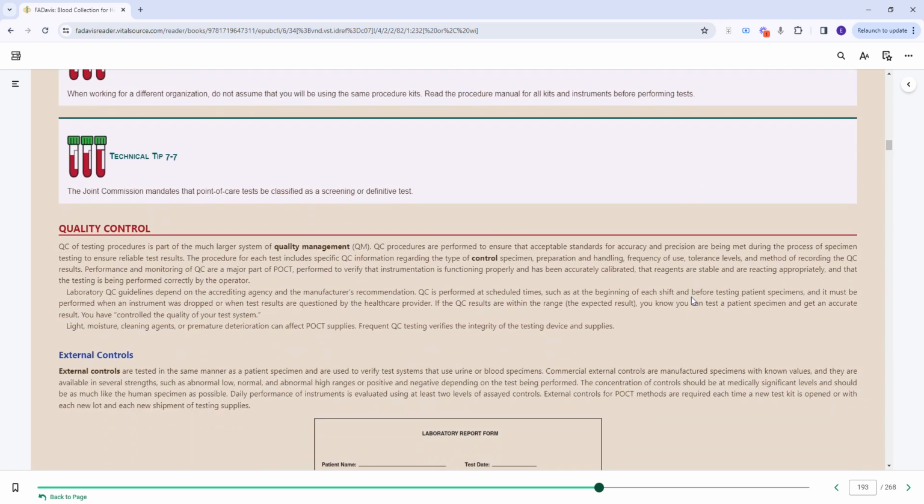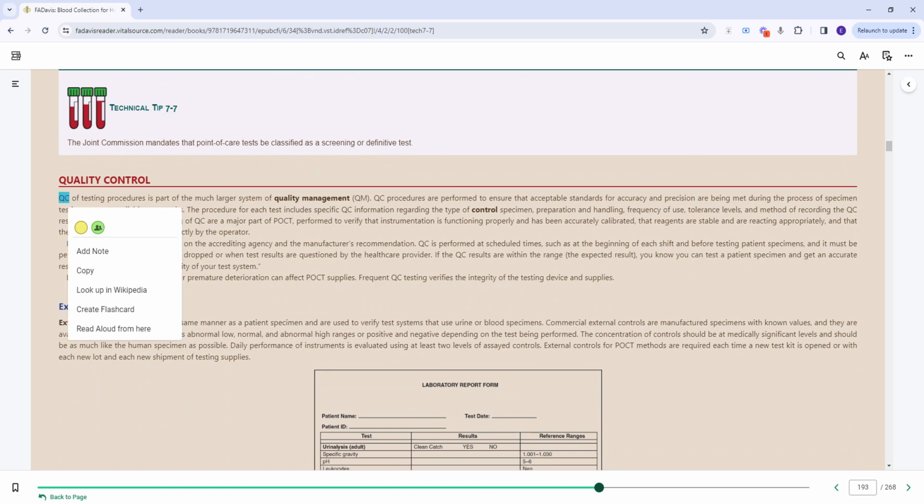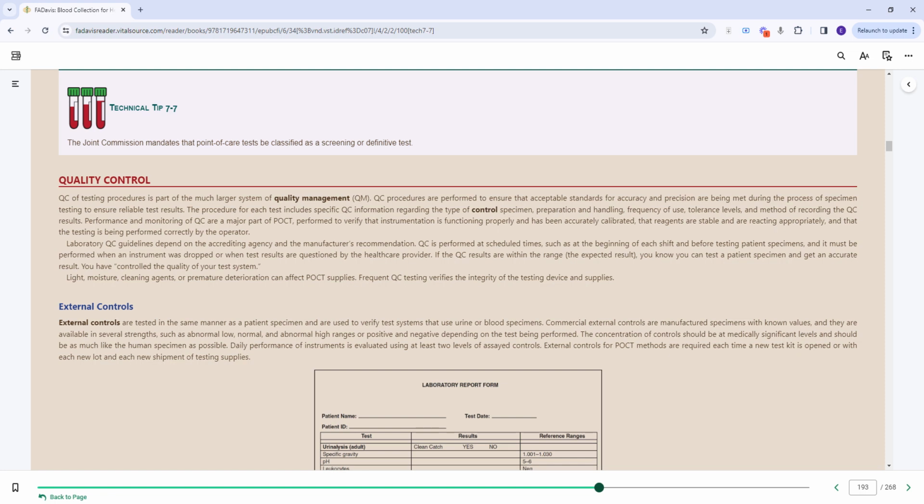We talked about critical values and quality control. So you do need to know QC is the abbreviation for quality control, and that's part of your quality management system. This is making sure that the tests being performed, whether it's a handheld point of care testing device or larger reference laboratory equipment, are accurate and precise during specimen processing.